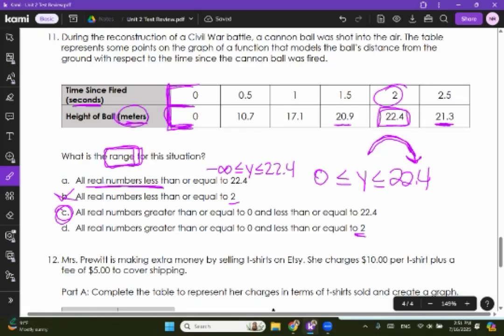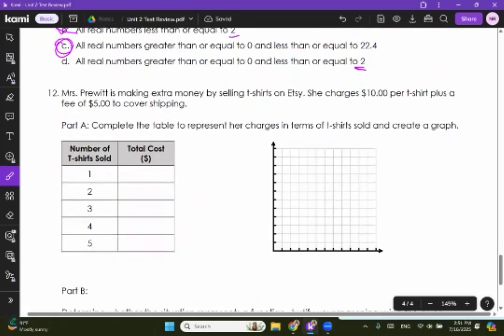Okay. Number 12. Oh, yeah, you're going to have one on the test where you're going to have to graph it and everything. Complete the table, all that good stuff. It says complete the table to represent her charges in terms of t-shirts sold to create a graph. It says she charges $10 per shirt, so 10 times the amount of shirts plus $5.